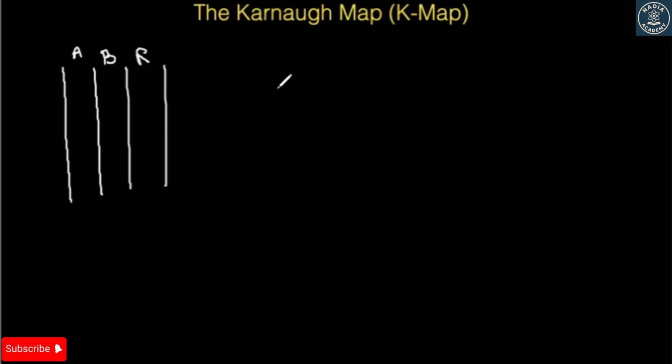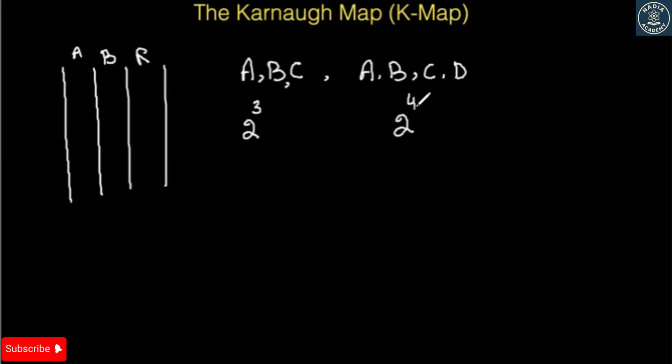The number of cells depends on the domain of the Boolean expression. For example, if the domain is based on three inputs, then the number of cells will be 2 power 3. Similarly, if our domain is A, B, C, D, then the number of cells will be 2 power 4.